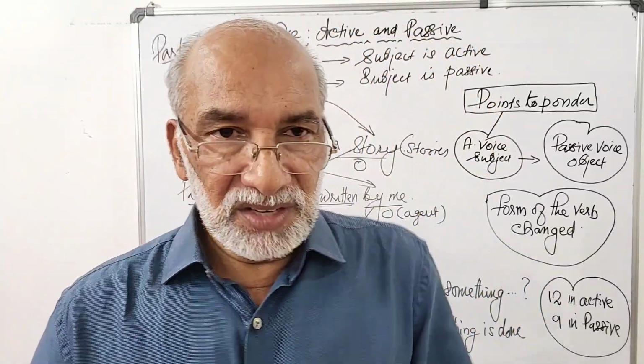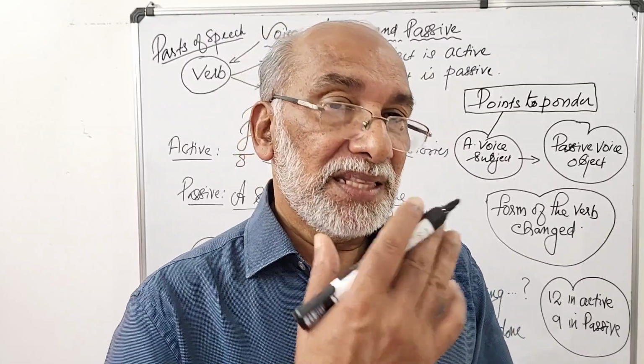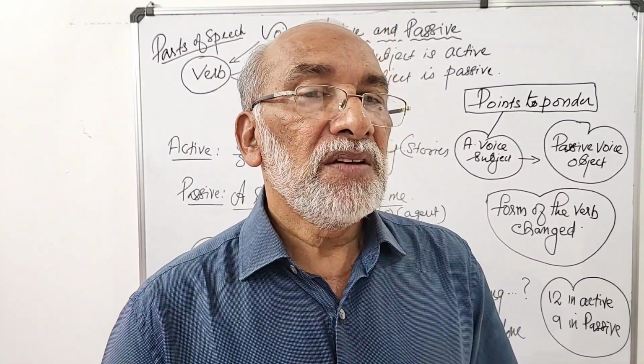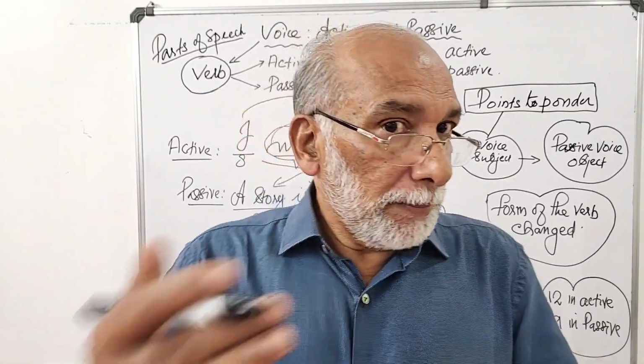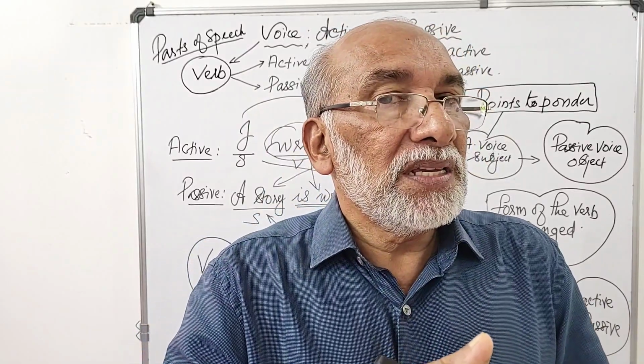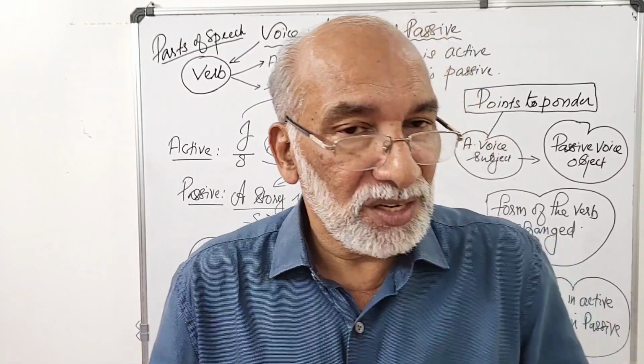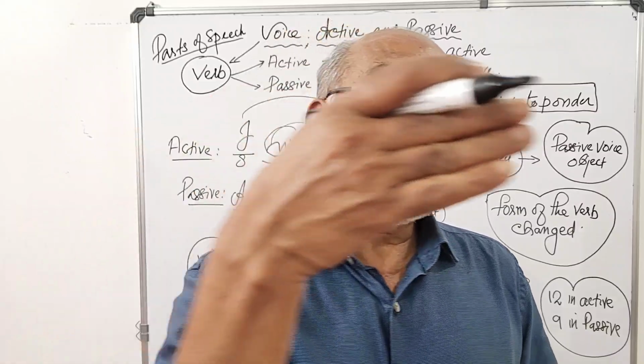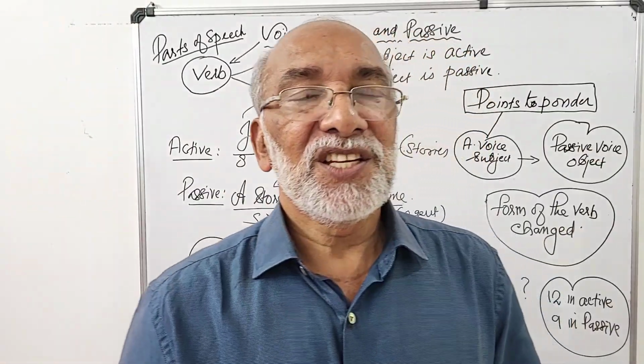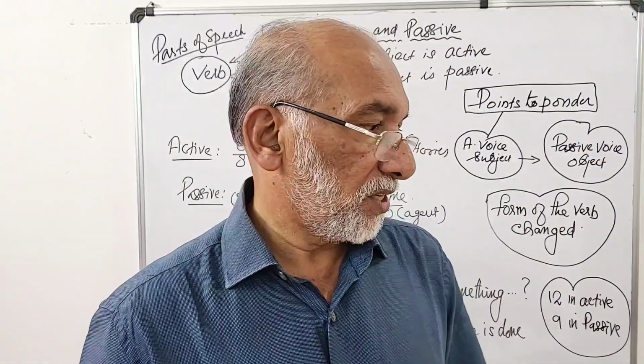Or in other words, we can say voice is that form of the verb which tells us whether the person or thing denoted by the subject does something, or whether something is done to the person or thing denoted by the subject.